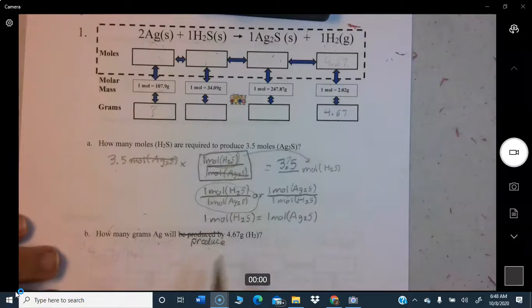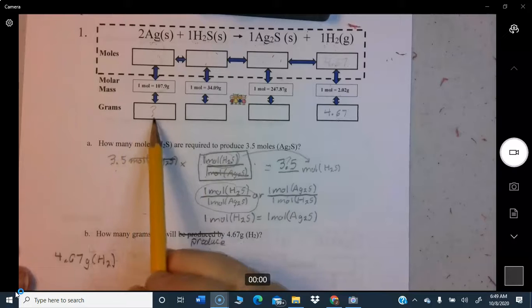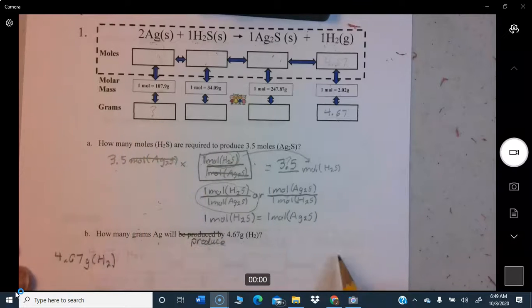Okay, so here we go. We're going to start with 4.67, and I'm going to write it way over on the right here. I'll try to stay on screen. So I start with 4.67 grams of H2, and I need to get to some number of grams of Ag. So I'm going to put a little question mark there. And it's grams of silver.